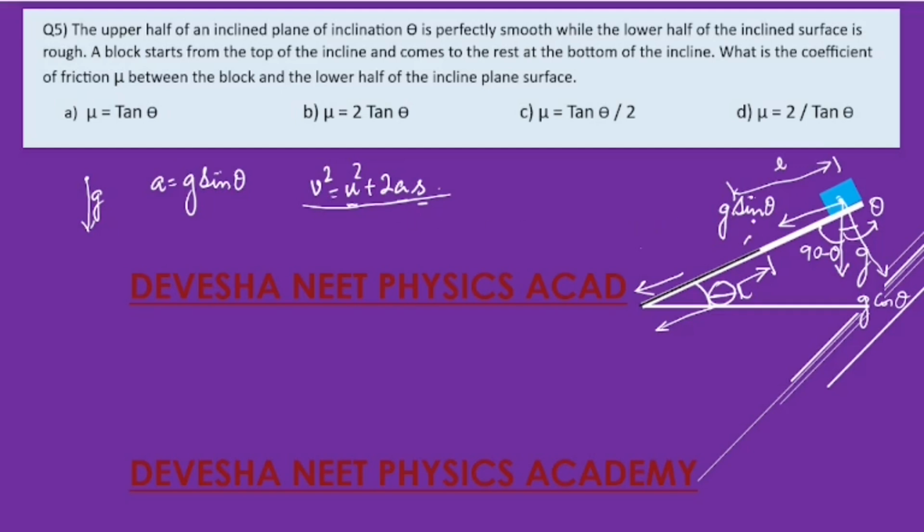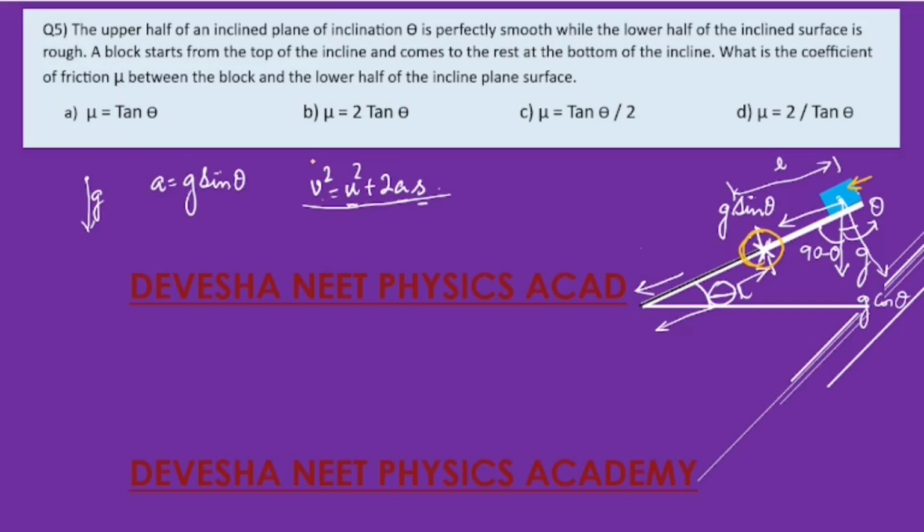When the block starts from the top and traverses a length L, we need to capture the velocity at this point. What will be the velocity at this point when the block starts from here and reaches here?